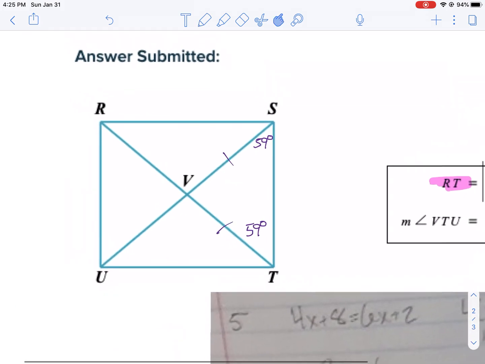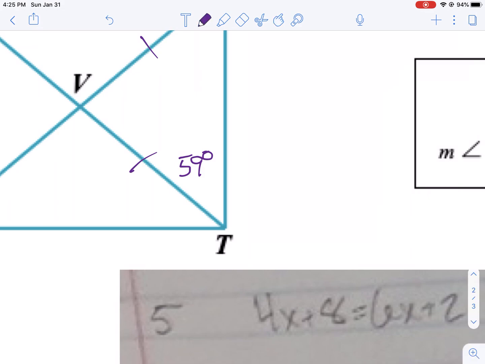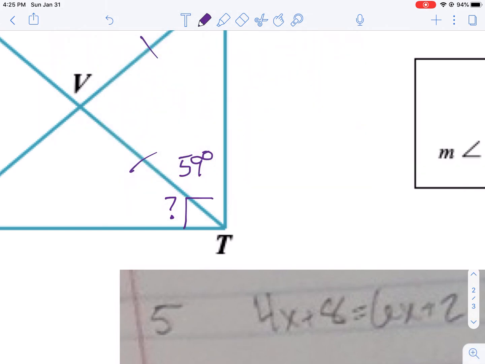And let's look at what we're supposed to find. We're supposed to find angle VTU. We're supposed to find this angle right here, which is not 59 degrees. We do know in a rectangle that it forms a 90-degree angle.